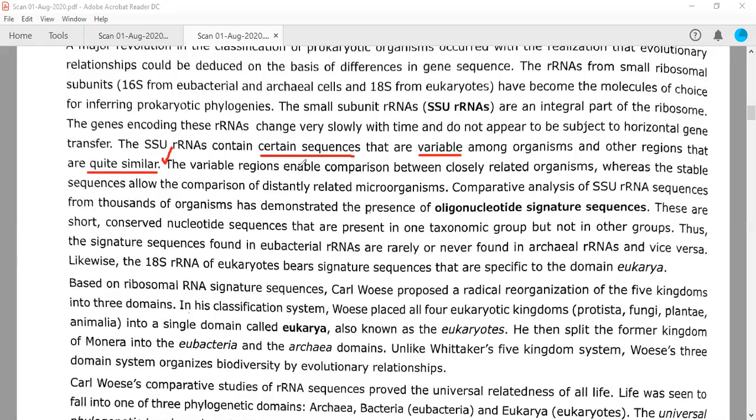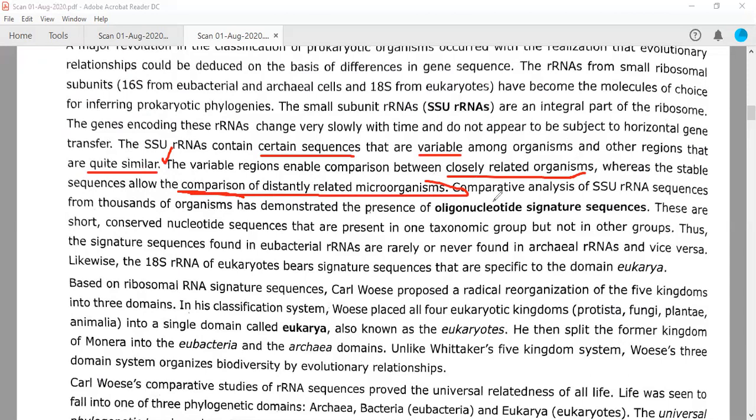Variable regions enable the comparison between very closely related organisms. Suppose you have closely related organisms; depending upon these variable sequences, you can classify and differentiate them. Whereas the stable sequences allow the comparison of distantly related microorganisms. If you have quite similar sequences, depending upon these similar sequences, you can classify very distantly related microbes.